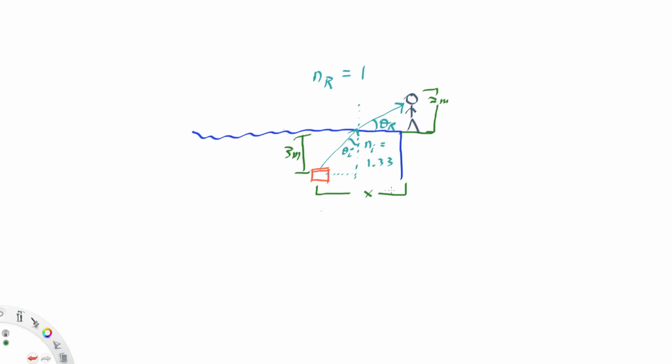All right, so maybe we divide up x into 2 bits. There's the underwater bit, and maybe I'll use a W. There's the bit that's in water, and the bit that's in air.